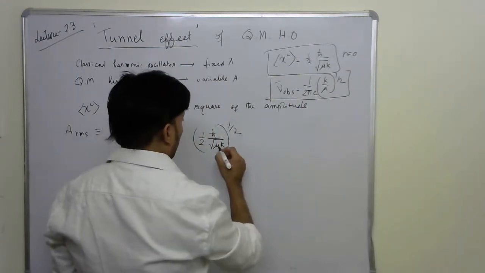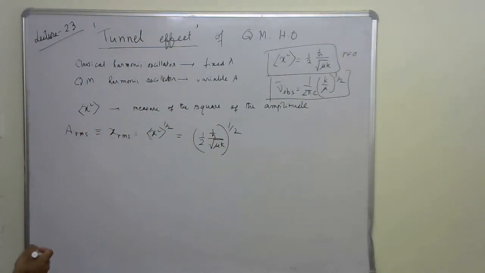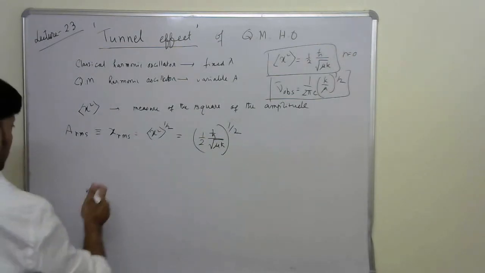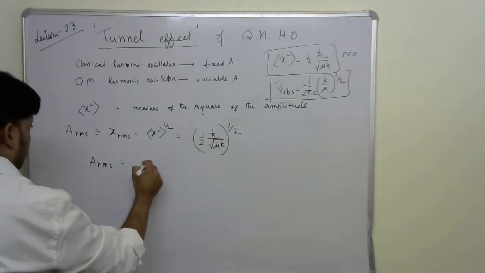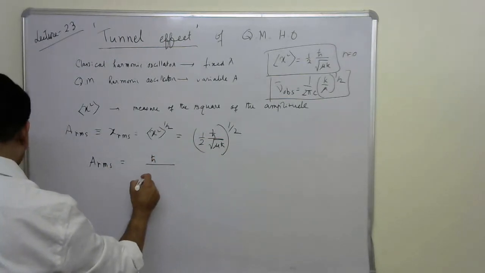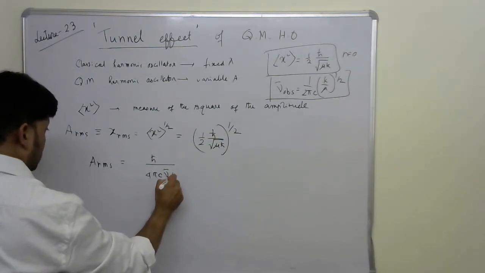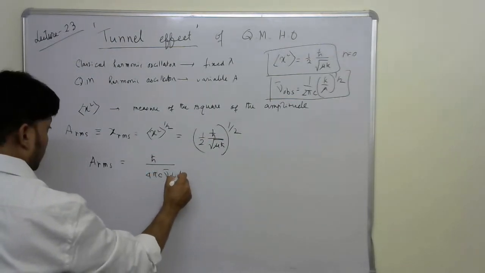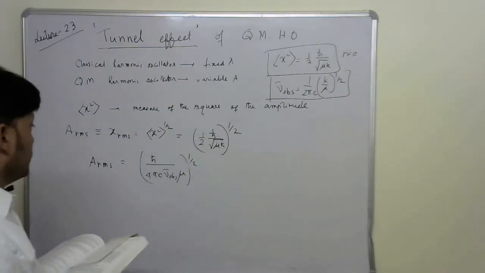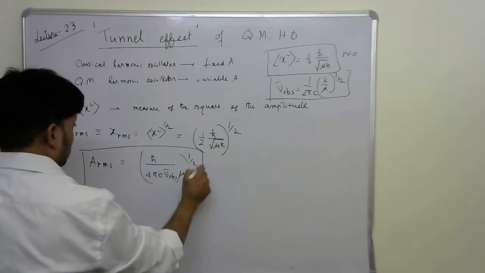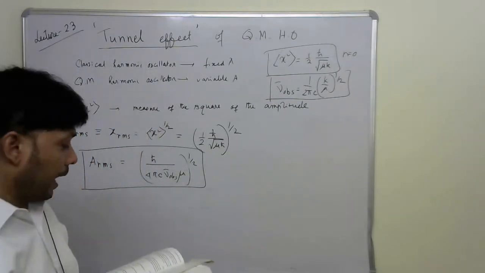If we replace k, it simply turns out to be something like this. So I can directly write it here: ARMS is equal to h cross divided by 4 pi c, where c is the speed of light, nu bar observed, multiplied by mu, whole root over of half. This is the value for the root mean square displacement, or the root mean square amplitude.